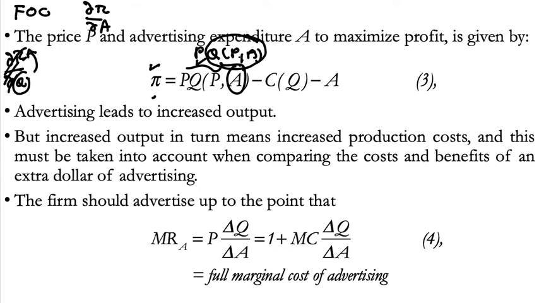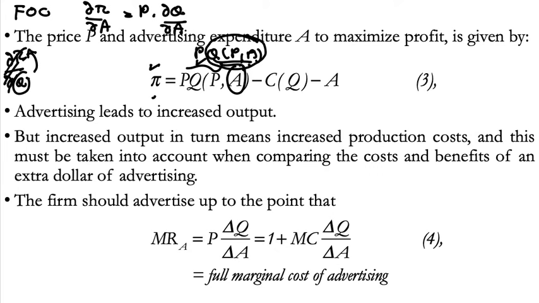But Q depends on A. That means the total revenue function does not directly depend on A. Total revenue function depends on Q, and Q depends on A. Price here is a constant, isn't it? Because we don't want to change the price. We just want to find the A here. Later, we can find price. So in order to do this, price is a constant. You have Q. Differentiate Q with respect to A. Remember, you want to find A, basically, yeah?